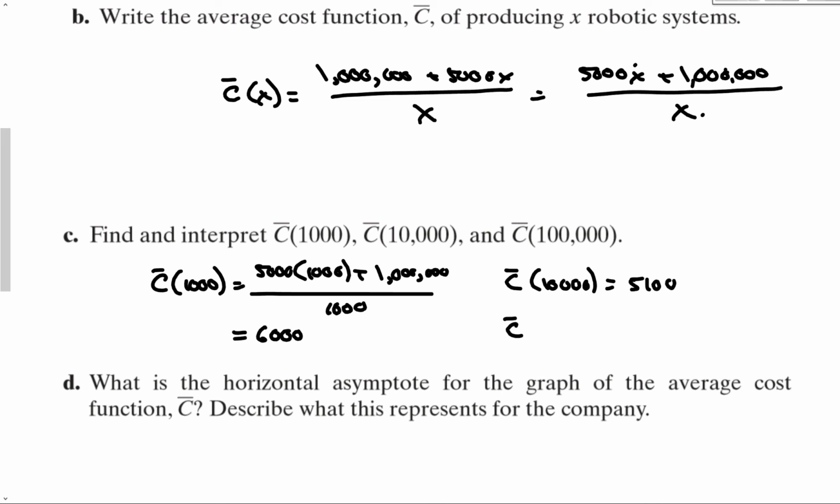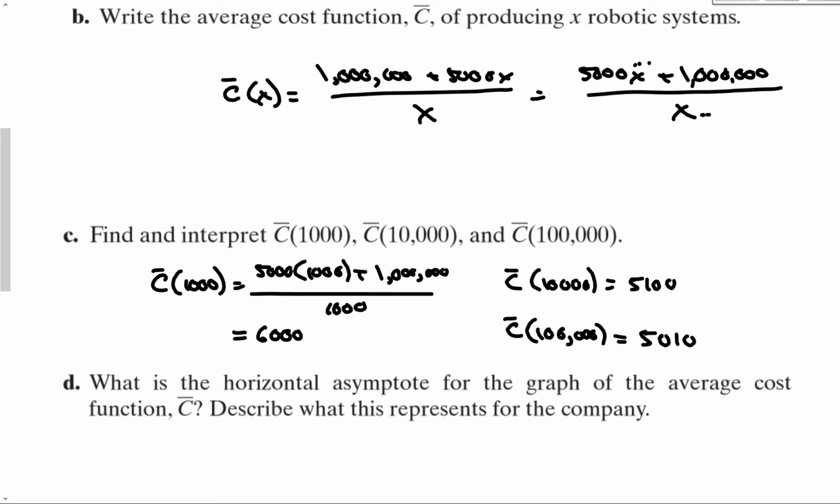And C bar of 100,000 gives me 5,010. Okay. And you should see that if I look at this function right here, it does have a horizontal asymptote. It has a horizontal asymptote at 5,000.